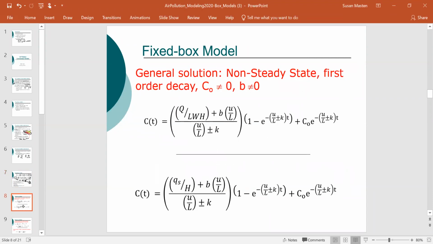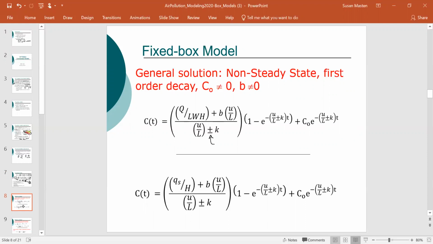So what I've done is I've developed a series of equations for you. I'll give you both the non-steady and the steady state. So notice here, this is the non-steady state form with first order decay.